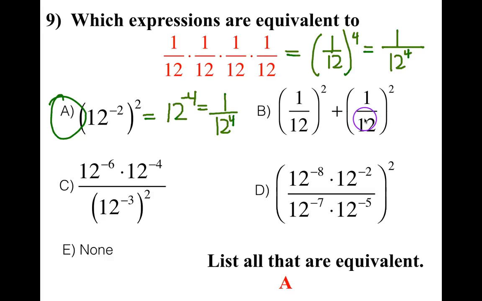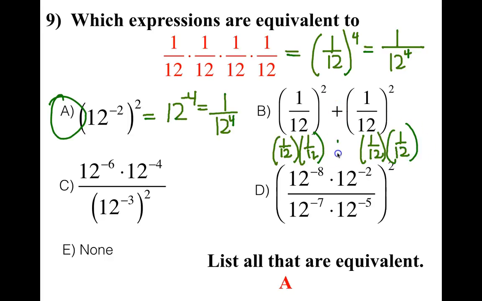What about B? This is 1/12 squared plus 1/12 squared. Now some of you may be tricked by this one. Why? Because you're thinking, look, there's going to be a set here and another set here, and there's 4 all together.